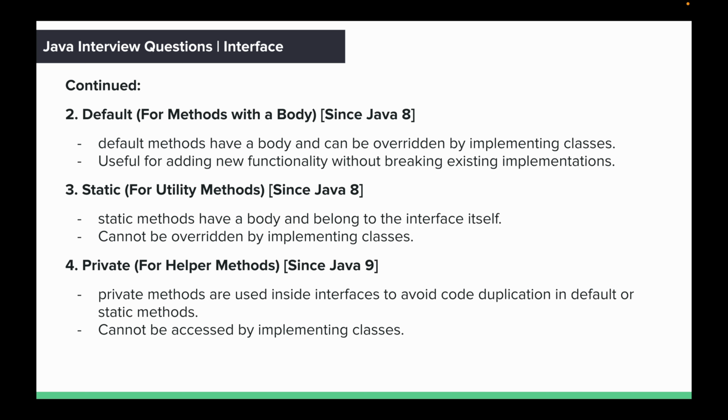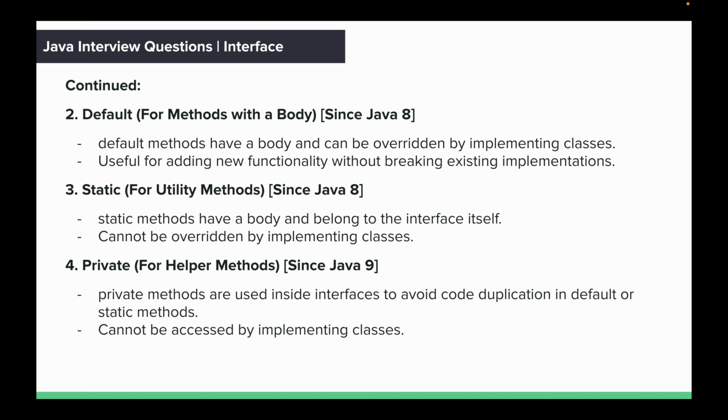Then we will be having default methods, a feature added from Java 8 onwards. So default methods will have the body to it. The main purpose of default method is to add a new functionality without breaking the existing code. The default methods can be overridden from the child class.